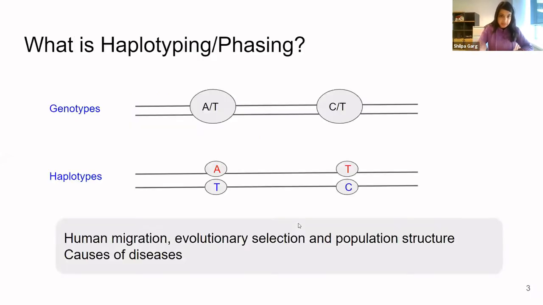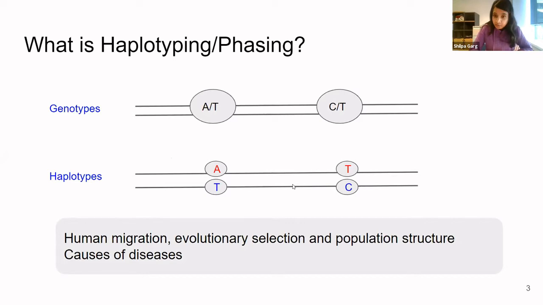So let's get started. First, what is haplotyping and phasing? Humans are diploid, which means there are 2 homologous copies for every chromosome. Imagine you know 2 variants and you know the genotypes of these variants, AT and CT on the genome.